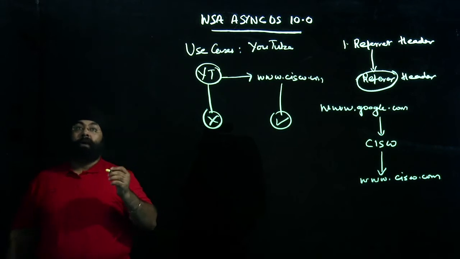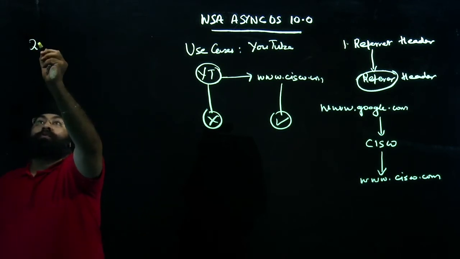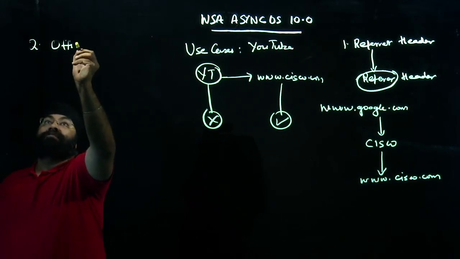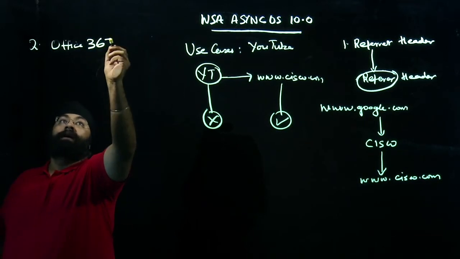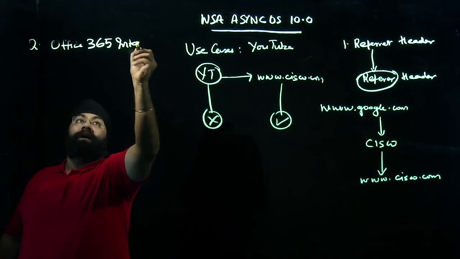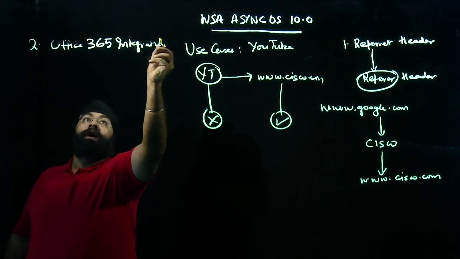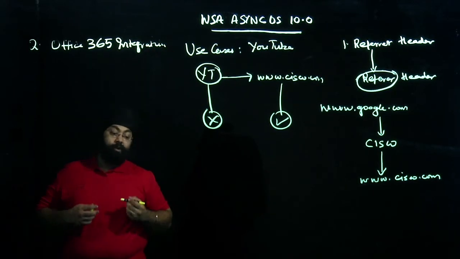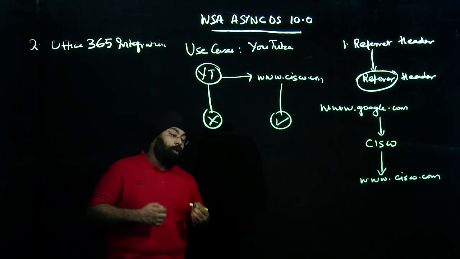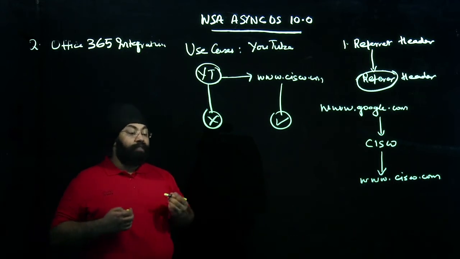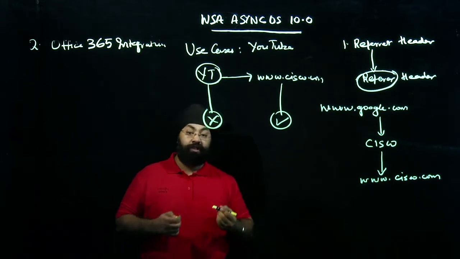Now let's jump into the second feature, Office 365 integration. This has been in the market for long, and there are multiple solutions in the market where customers are looking for some kind of integration with Office 365.